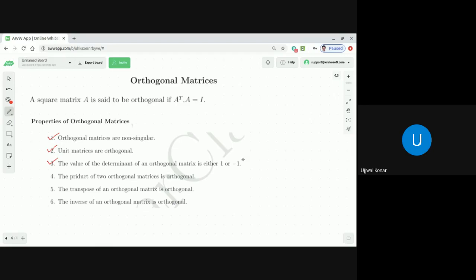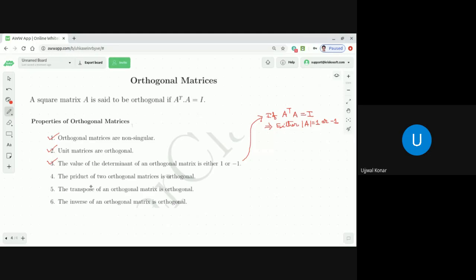That means from here we can say if A transpose into A is equal to I, you can say either mod A is equal to 1 or -1.